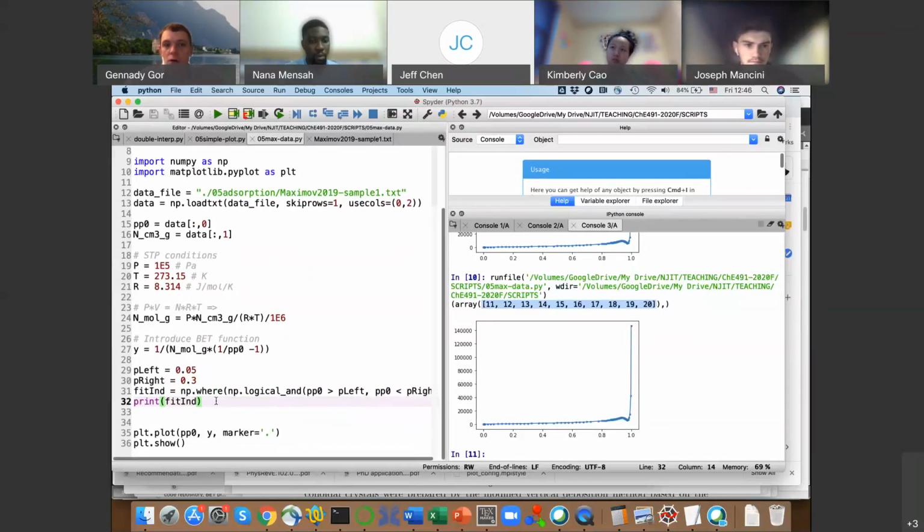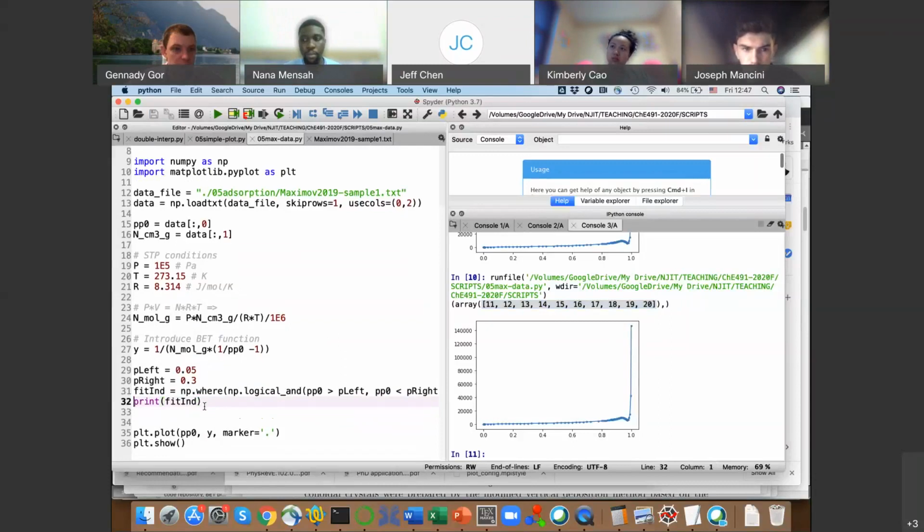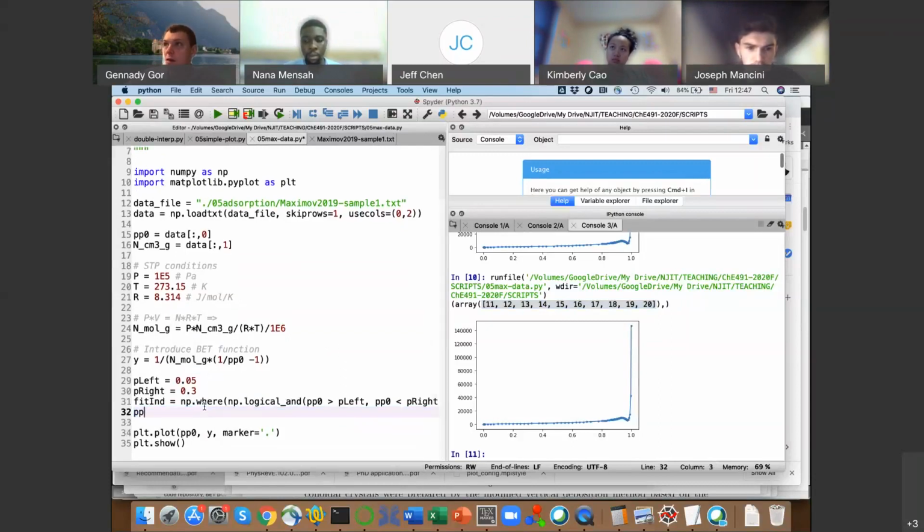And now I can say that I don't want to deal with the entire P over P naught and Y, but I want to take some subsets of these data. So P naught F, well, this F stands for fitting. This is what I'm going to be using for fitting.